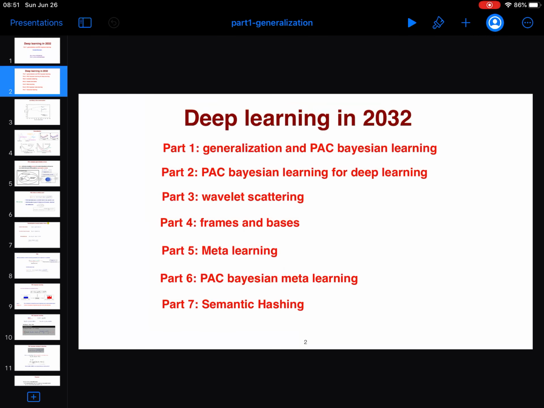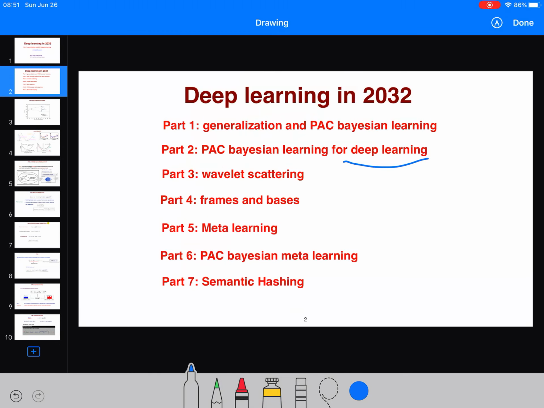So I just want to come back and talk about generalization and PAC Bayesian learning. In the next lecture, I will give you some example for deep learning, in particular for the problem of first linear classifier.